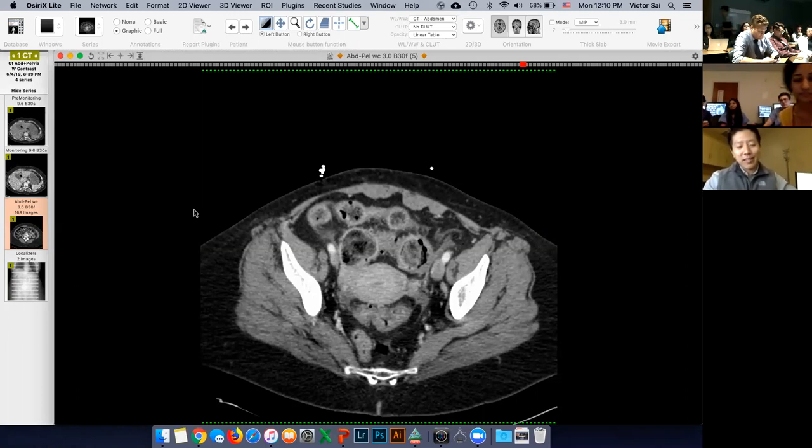So in terms of trying to order the differential, I think it just depends on the presentation and symptoms. Gotcha. But that appearance and distribution also is pretty typical. Okay.